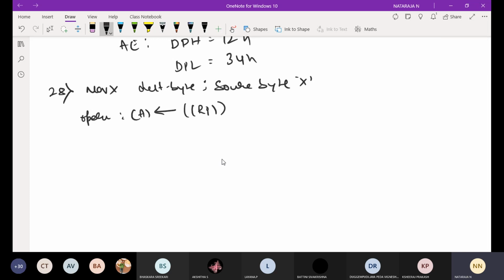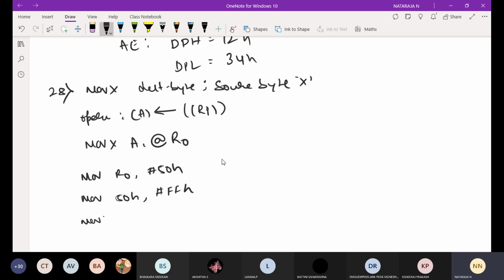We'll take one example: MOVX A comma at R0. We'll have a small program. Move R0 comma #50H, move 50H comma #FFH, MOVX A comma at R0.